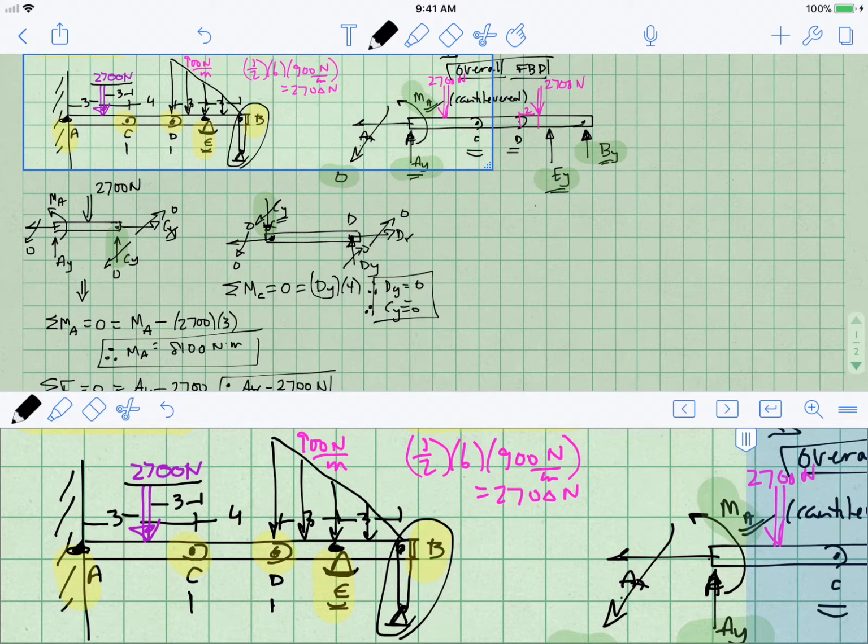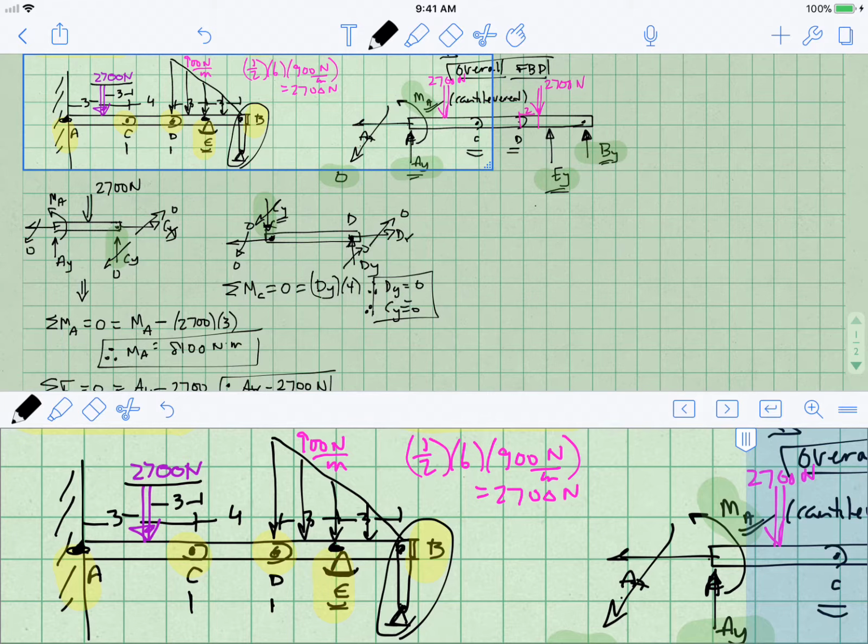So you can do that. If you do that, though, because E does not end on a pin, you're going to have to draw the internal shear and bending moments by cutting that beam apart at E. On the other hand, if we choose the whole segment that goes from D to E to B, at D and at B there will be no bending moments possible, and so it eliminates an unknown.